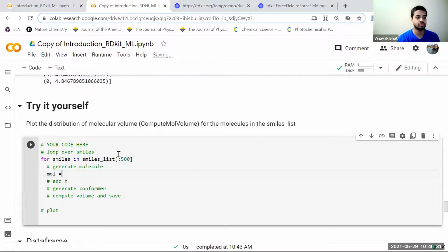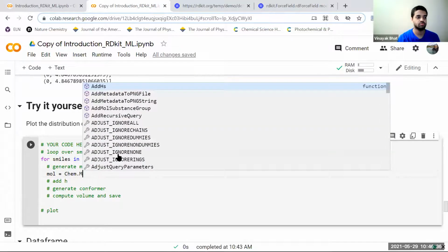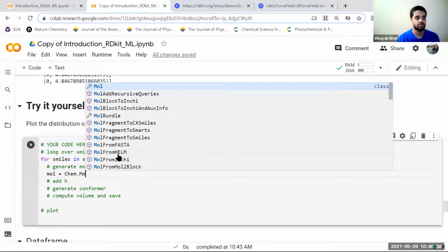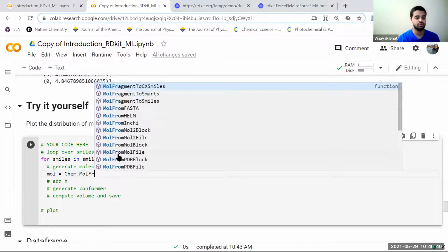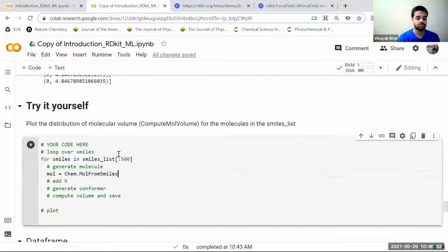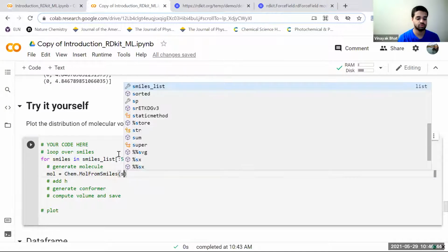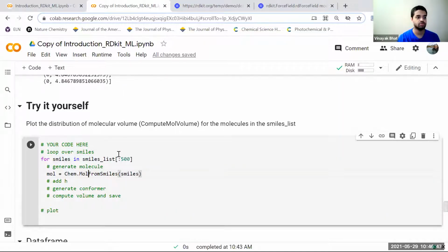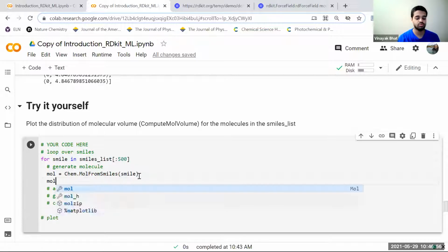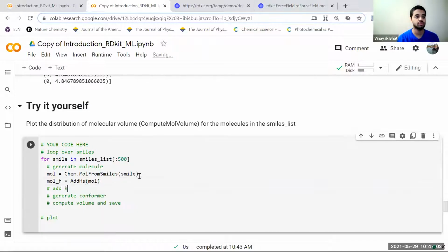So mole is Chem.MolFromSmiles of the smiles. Then mole with hydrogen is AddHs, and you need to pass in the mole.